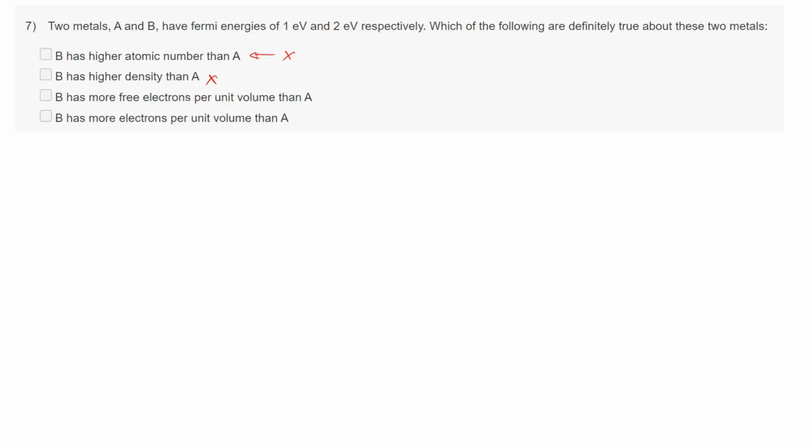B has more free electrons per unit volume than A. Okay, so how is the number of electrons? We have seen the number of electrons per unit volume is N of E equals 2 f of E dE, right?